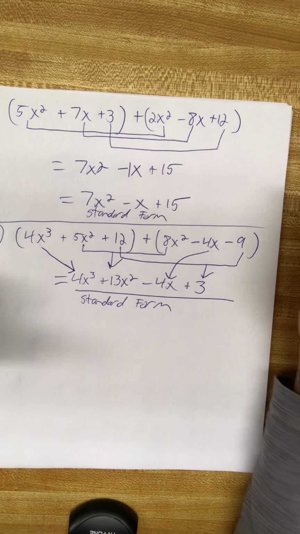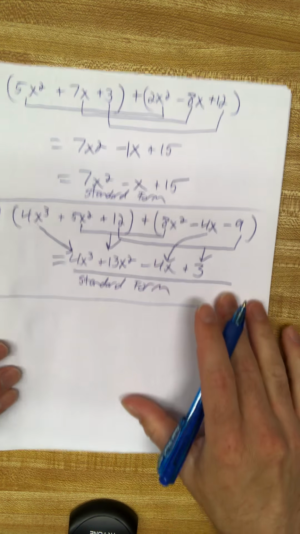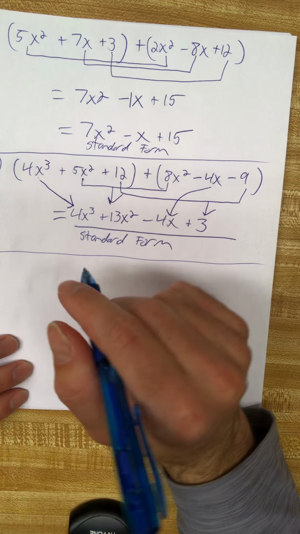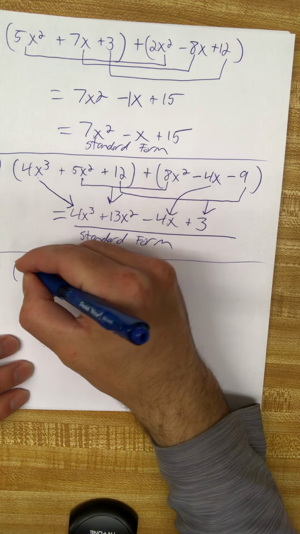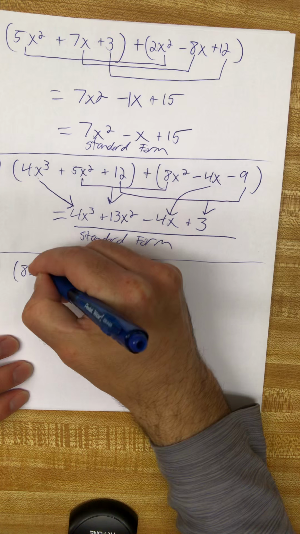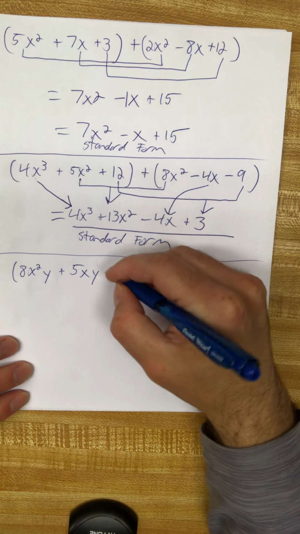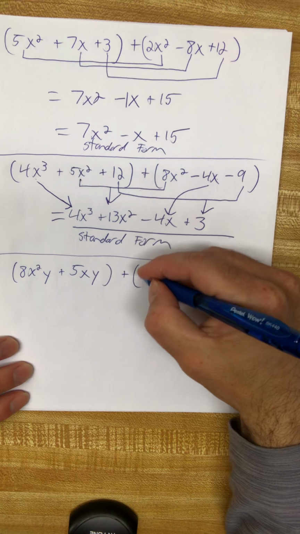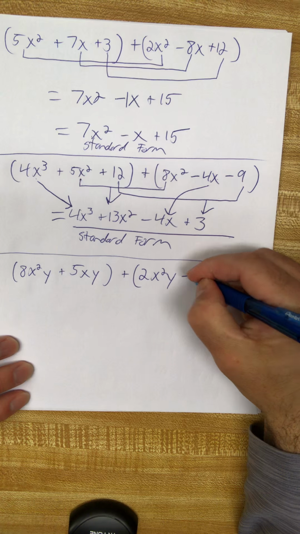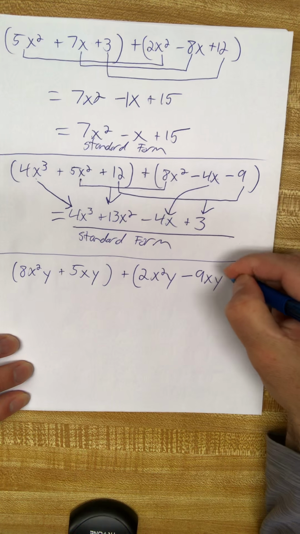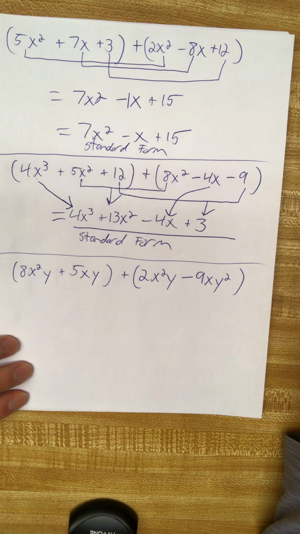One example you might see on different worksheets, not something we're going to see a ton of in the future, but I want to make you aware of it, is stuff like this. If you get 8x squared y plus 5xy plus 2x squared y minus 9xy squared, it always has to be the exact same variables with the exact same exponents.